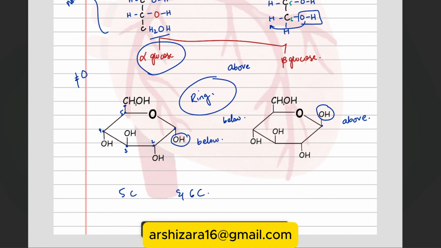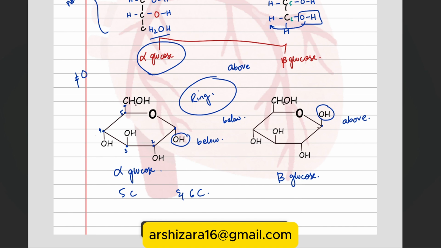You need to remember this, because the polysaccharides are composed of these. So this is the alpha glucose, in which the OH at the first carbon is below, and beta glucose is the one in which the OH group is above the carbon.